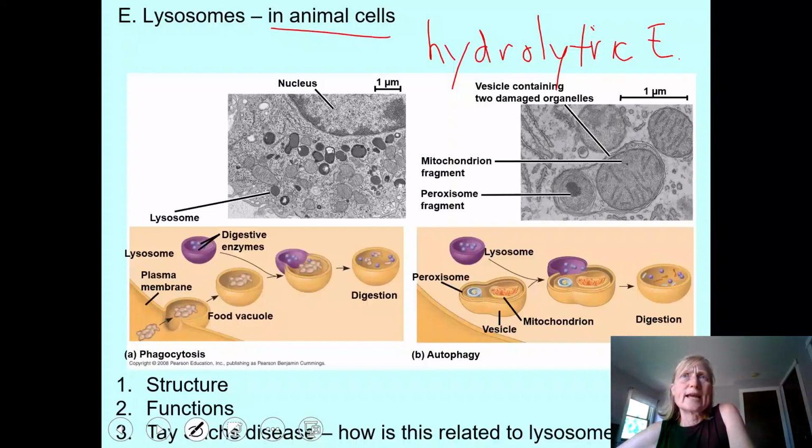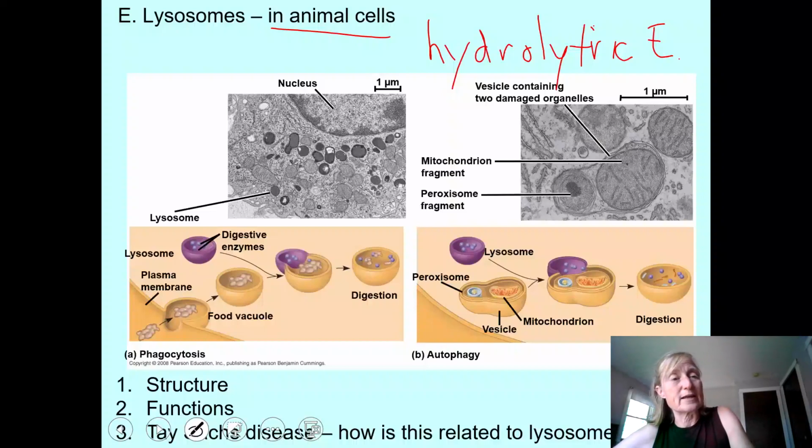And the hydrolytic enzymes do the job of digesting big molecules and breaking them into smaller molecules. So taking proteins and breaking them into amino acids, or taking complex carbohydrates and breaking them into their simple monomers like glucose, or taking fats and breaking them into their components. And there are different kinds of enzymes.